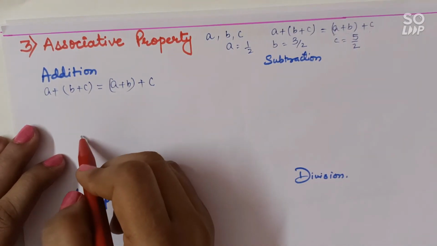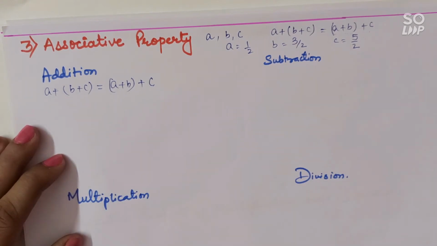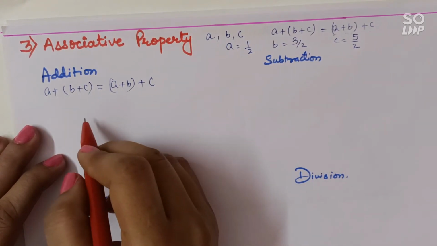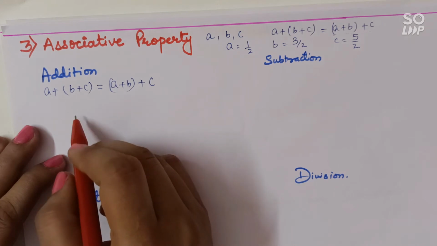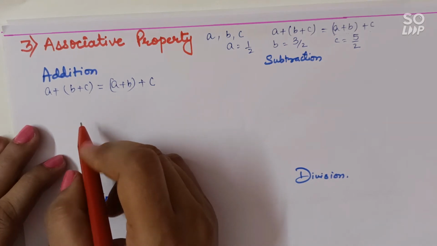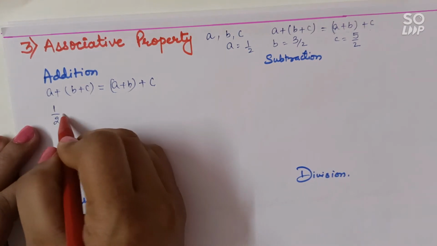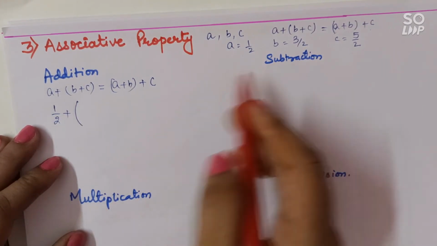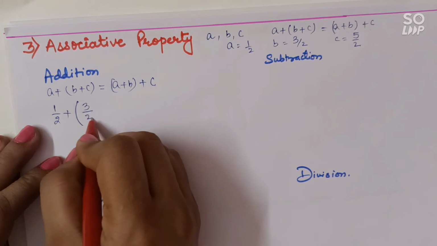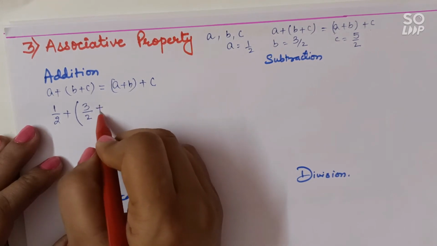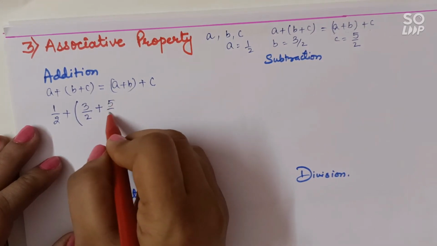I'm taking simple numbers so that it becomes easier for you all to understand. So here A is 1 by 2, plus B is 3 by 2, plus C is 5 by 2.